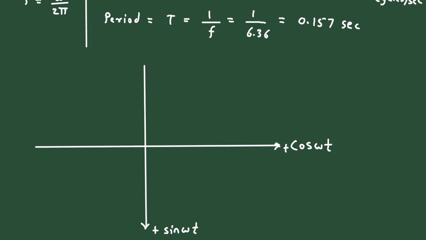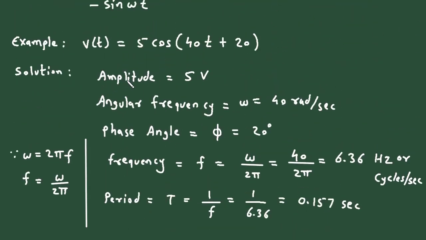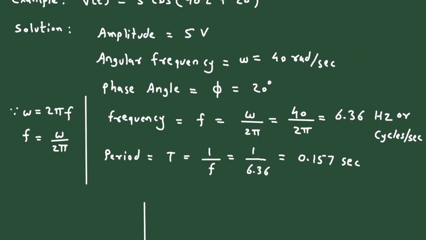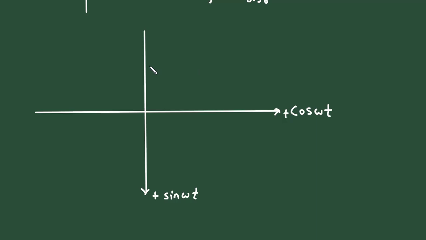Now here we can see the amplitude is 5 volt. So let's draw a circle of radius 5. So let's say this is 1, this is 2, this is 3, this is 4, and this is 5. So the circle will be something like this.